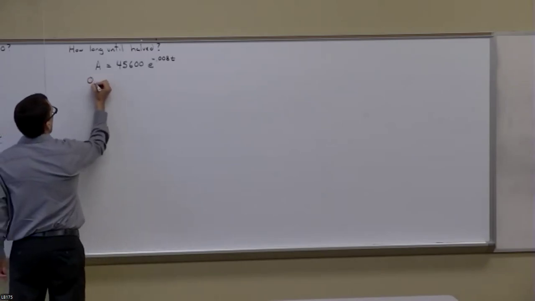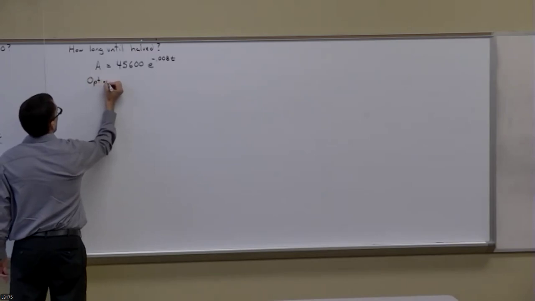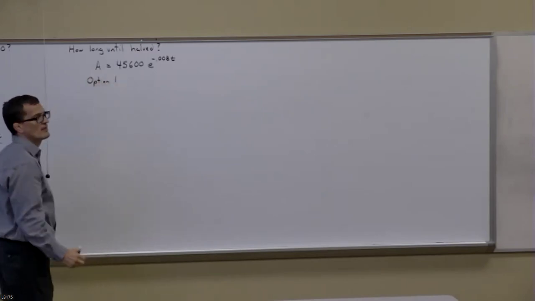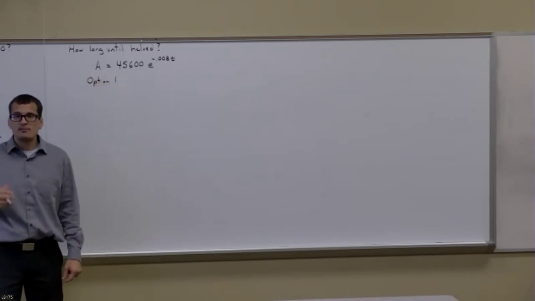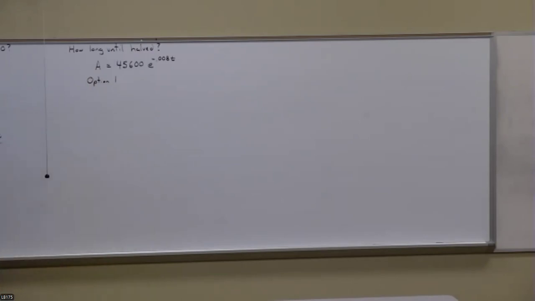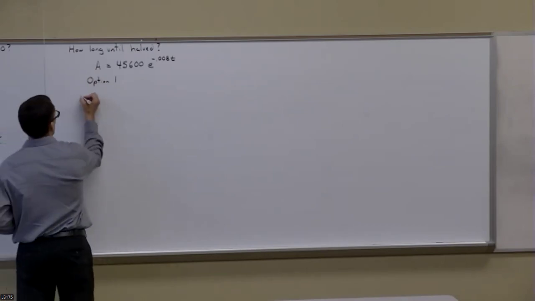So one option, if the population gets cut in half, I can just figure out what half of 45,600 is. So 45,600, divide that by 2, that's 22,800.